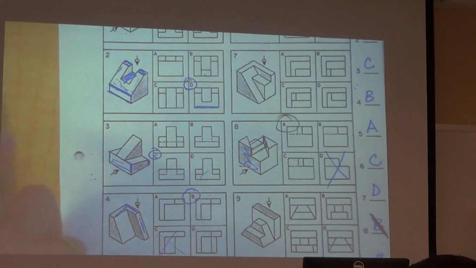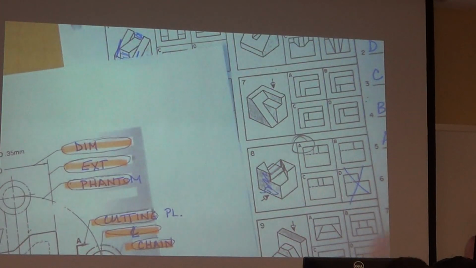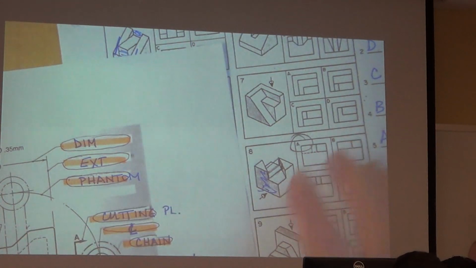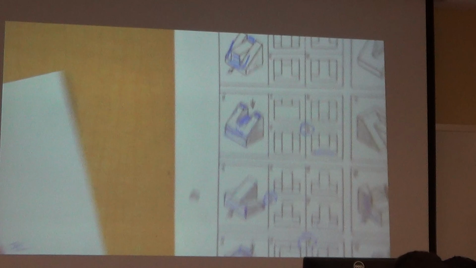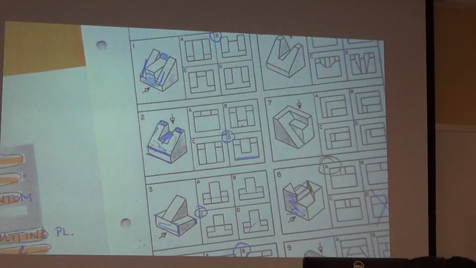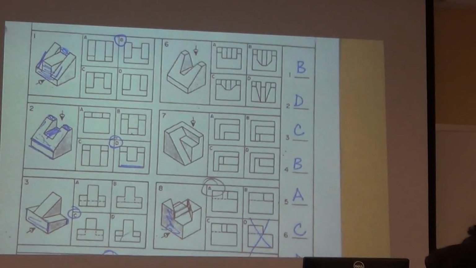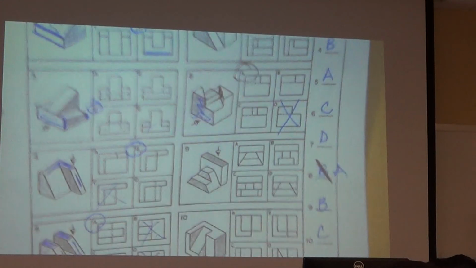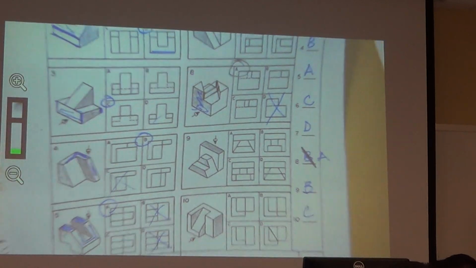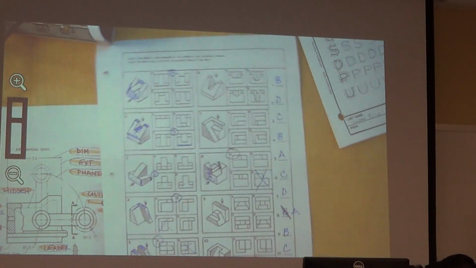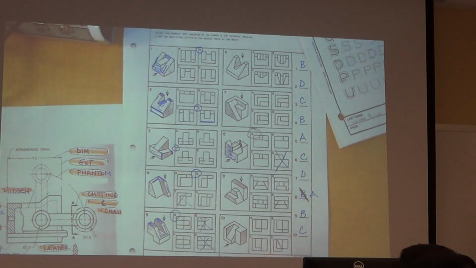Every right answer was half a point. Because there's 11 on here and there's 10 on here, somebody could actually get more than a 10. So if you want, just add up all the correct ones and multiply by a half. Which one was 7? Number 7 is D. Oh, yeah. 6 is B? 7 is B? 6 is C. Yeah.